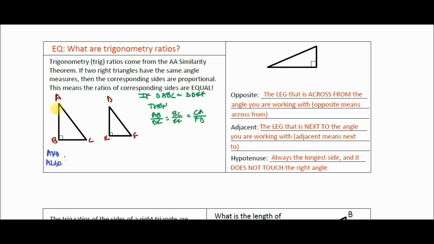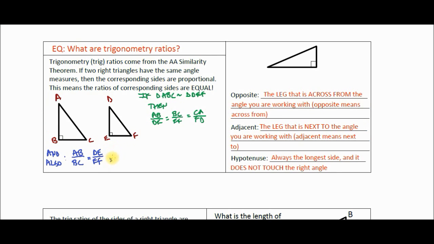Let's take the long leg of this triangle, or the vertical leg, AB over BC, is also proportional to the corresponding sides of the second triangle, DE over EF. See how I've matched up the vertical and the horizontal, vertical and horizontal.